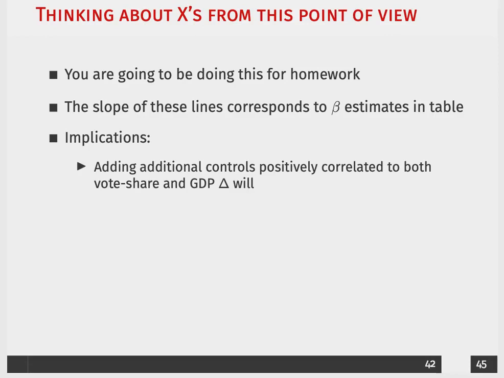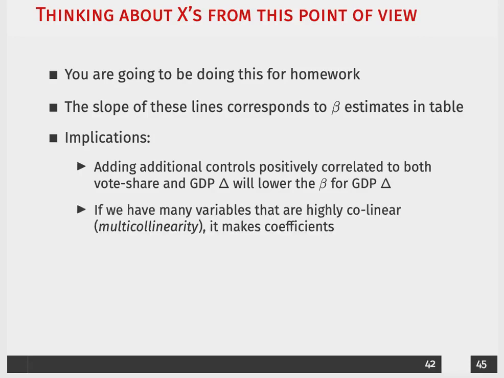Some implications of this when we look at an added variable plot is that by adding additional controls that are positively correlated to both the vote share and GDP, you're going to essentially lower the potential relationship, right, that GDP can explain of your outcome vote share. That's just inherently going to be the case by construction.